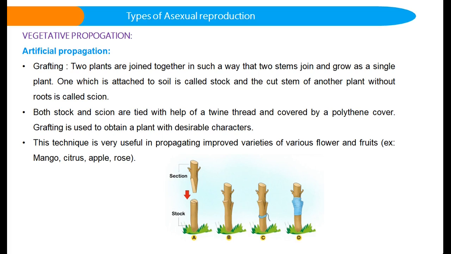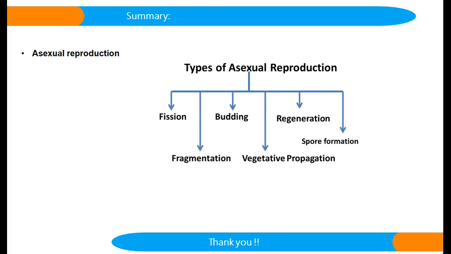Both stock and scion are tied with the help of twine thread and covered by a polythene cover. Grafting is used to obtain a plant with desirable characters. This technique is useful in propagating improved varieties of various flowers and fruits. Example, mango, citrus, apple, rose, etc.